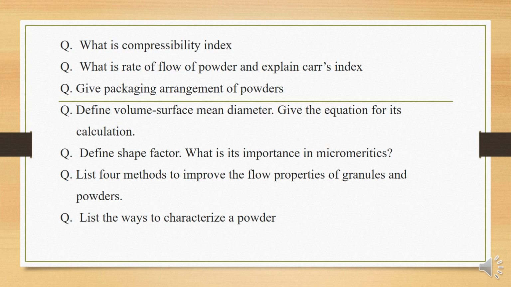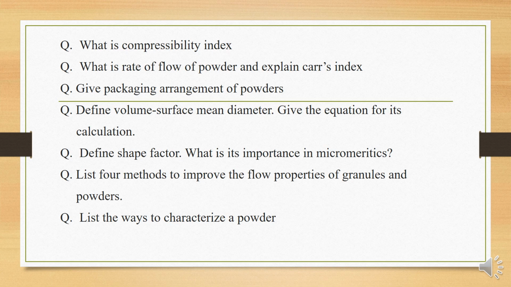That is tap density minus fluff density by tap density into 100, and we have to write this. The compressibility index or consolidation index can be used as a measure to find out the potential strength, and we know how we determine this Carr's compressibility index.